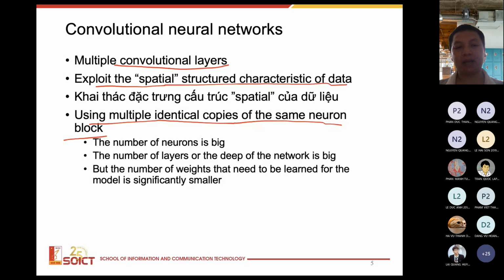This way, we can have a network with a very big number of neurons, parameters, and layers, so that we have a deep network. But because we use multiple identical copies of the same neuron block, the number of weights that need to be learned for the model is significantly smaller. That is the idea of the convolutional layer.